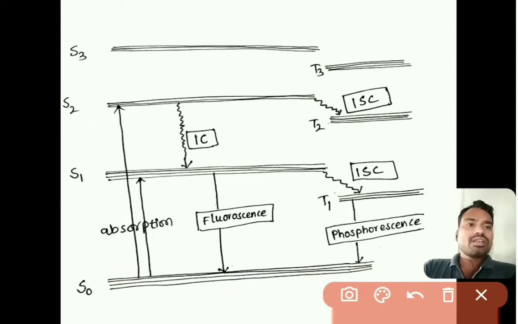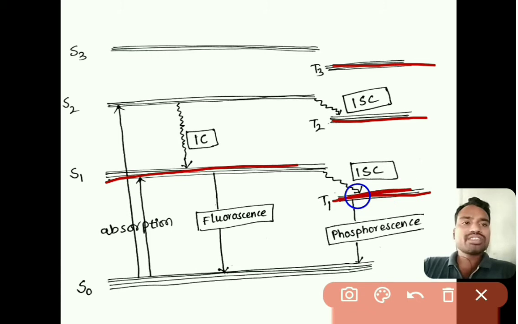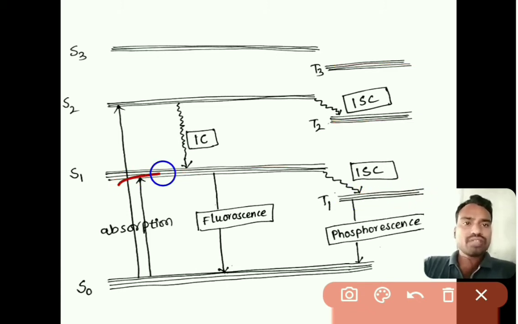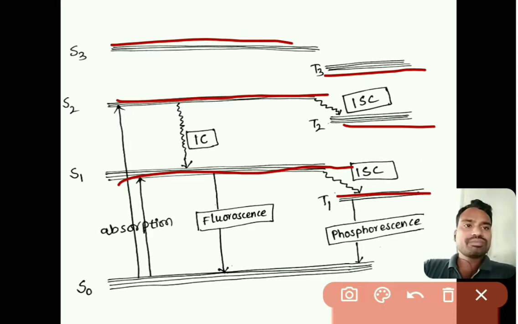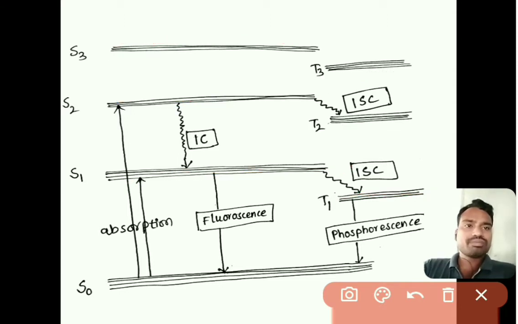And the first excited triplet state is T1, the second excited triplet state is T2, the third excited state is T3, and so on. Here the energy of S1 is more than the energy of T1, the energy of S2 is more than the energy of T2, the energy of S3 is more than the energy of T3. We have just discussed that.